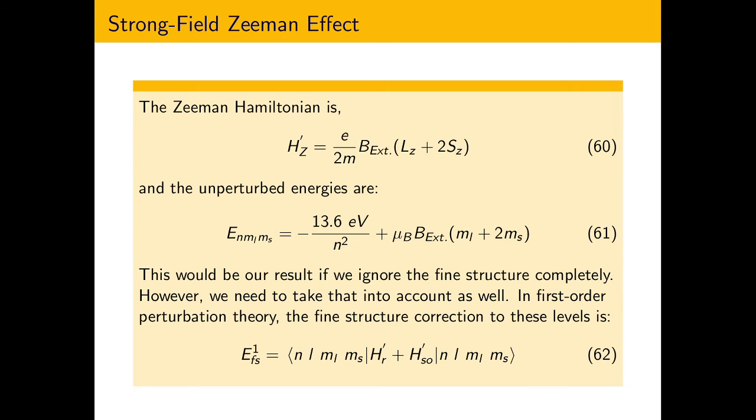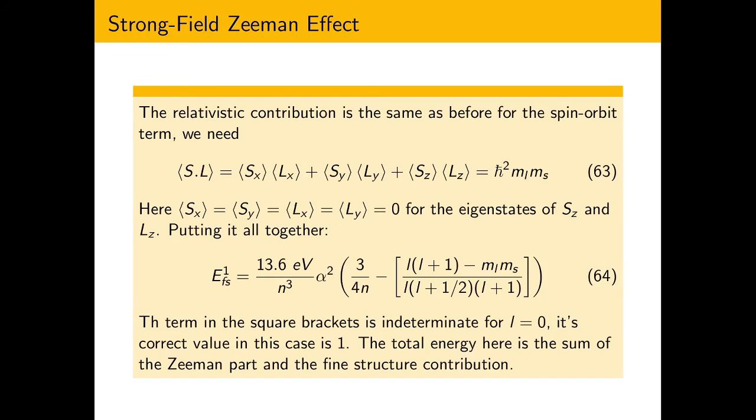So again, going back to perturbation theory, the first order correction would be this from the fine structure. We will also need to count the relativistic contribution from the spin orbit coupling as well.